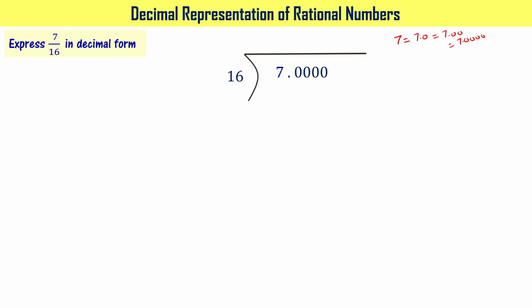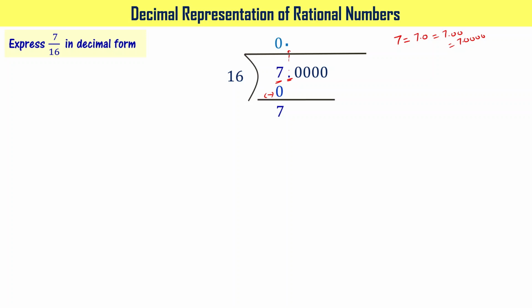7 is smaller than 16, right? So let me say that 16 times 0 is 0, right? When I subtract 0 from 7, what I get is 7, right? Now you have come to a point where you have seen the dot, right? Let's put dot in the quotient part also, right?